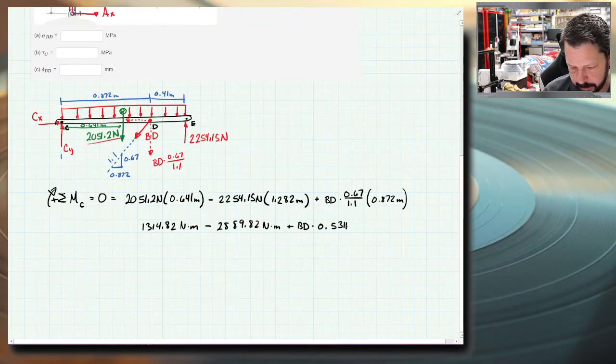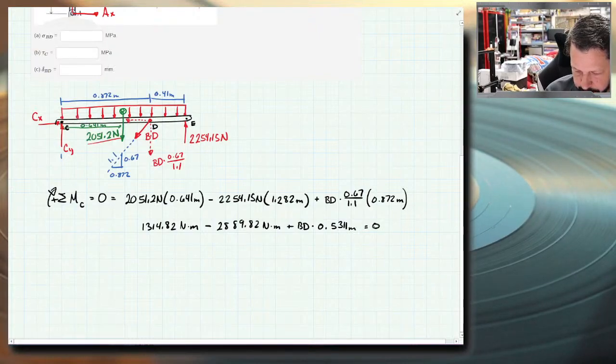That would be just meters, I believe, would be the units on that. BD is going to be in newtons. So therefore, and that is positive, this is negative.